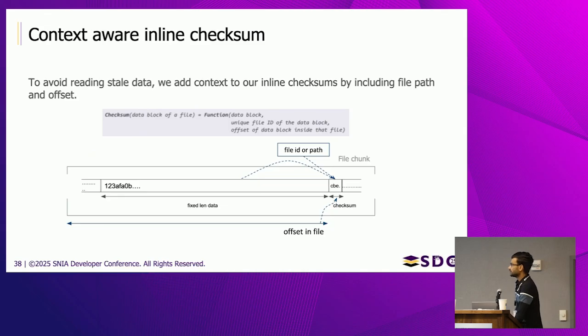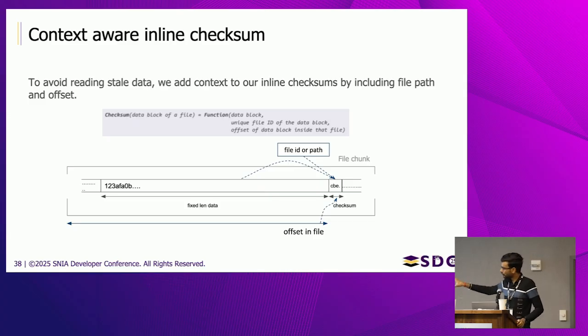To improve it, we added some context to our inline checksum. Instead of just taking 4092 bytes of data and computing CRC32C of that, we add some context, which is the file ID as well as the offset in the file, to the CRC32C.